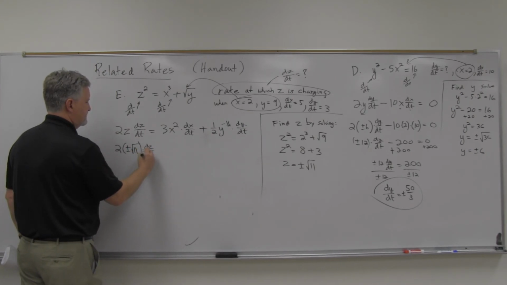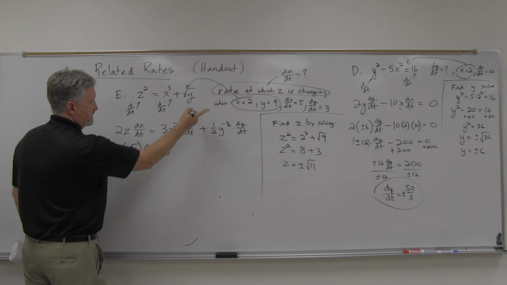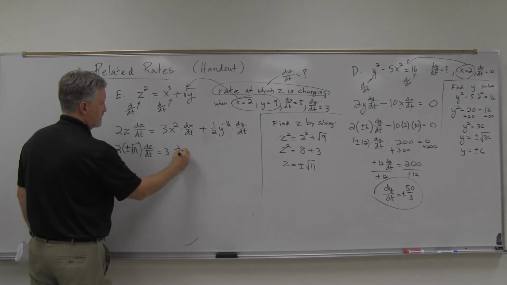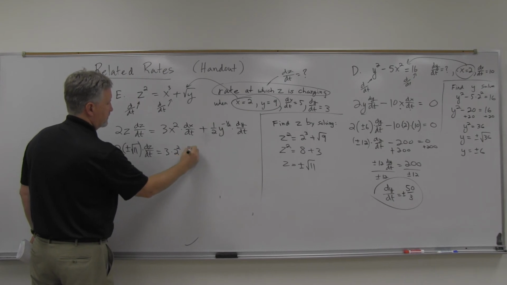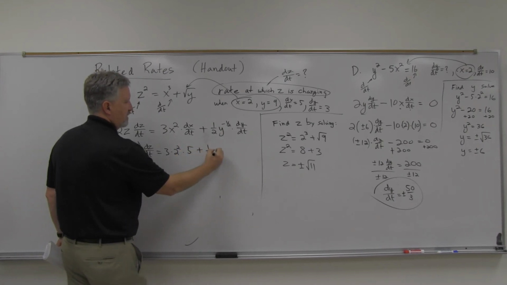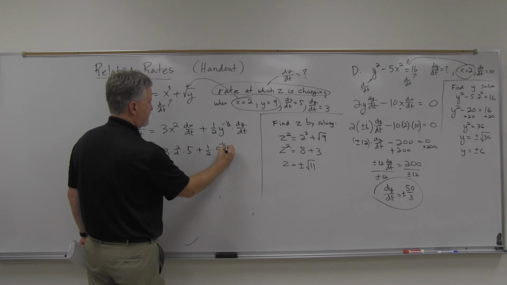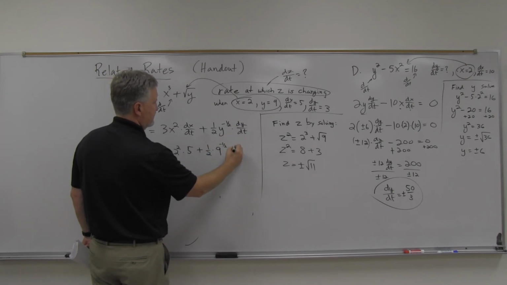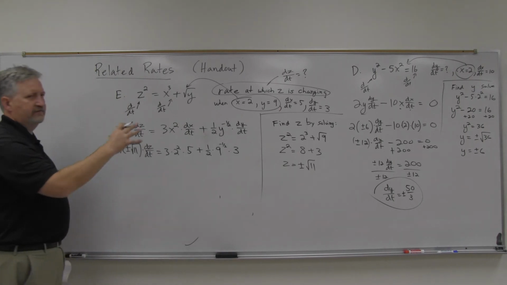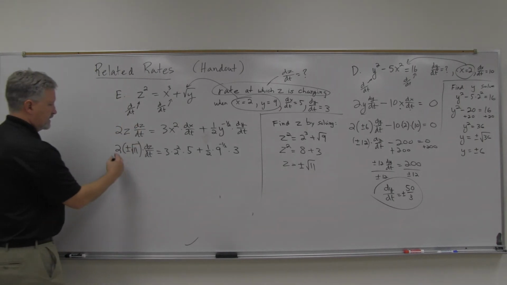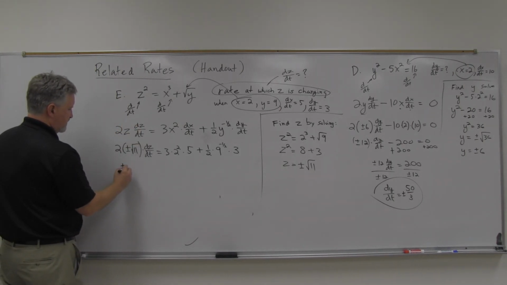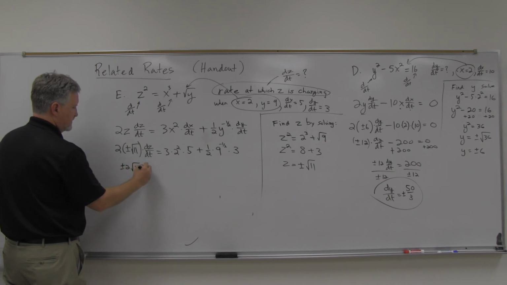So let's plug those in here. Plug in the x is 2. dx over dt is 5. 1/2 times y is 9, so we have 9 to the negative 1/2, times dy over dt, that's 3. So just plug in the values. If we don't round, that's plus or minus 2 square root of 11, dz over dt.